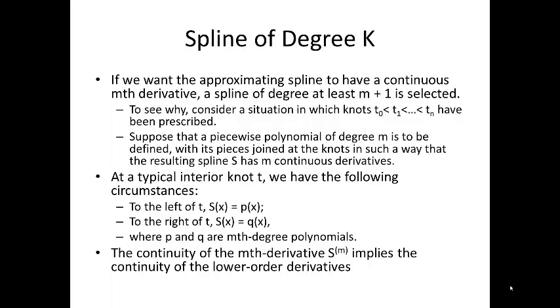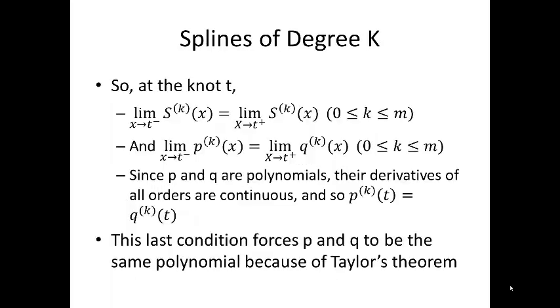So if the mth one is continuous, then the (m-1)th one is continuous, and the (m-2)th derivative is continuous. So at a knot t, the limits from both the left and right hand sides of the kth derivative of s are going to be equal, and likewise the kth derivatives of p and q are also going to be equal to one another.